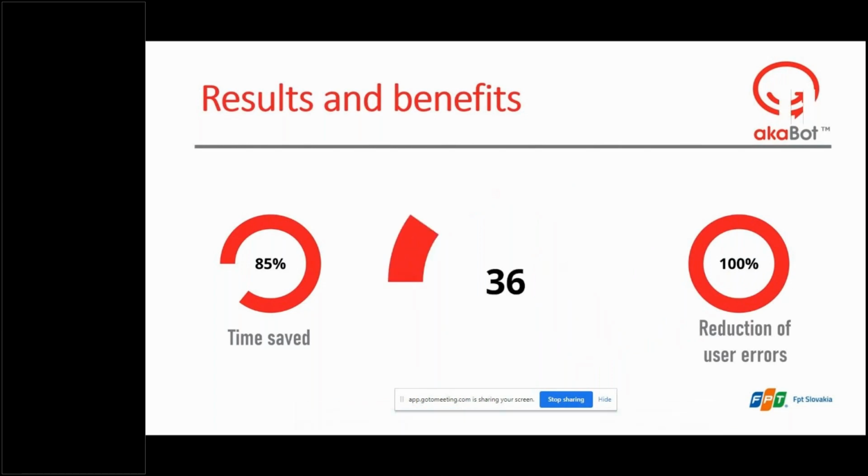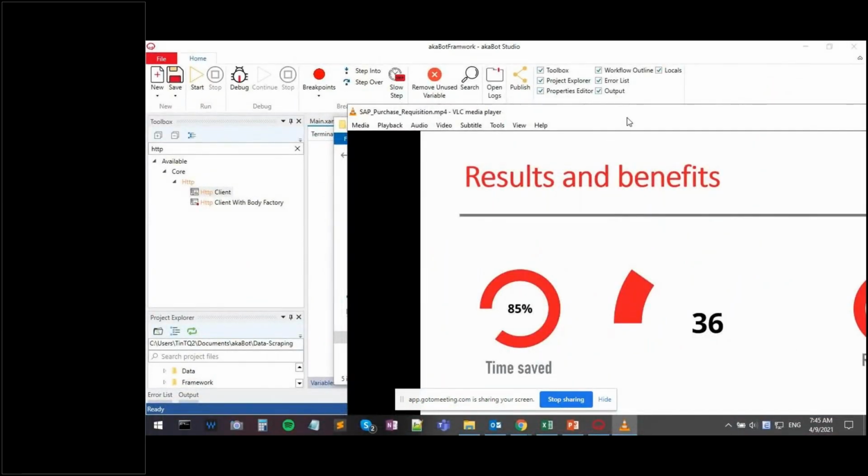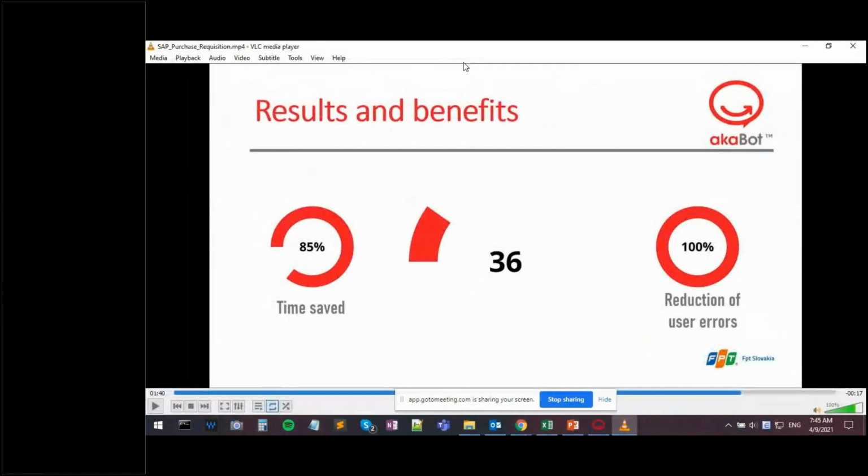So yeah, that's to show you the AI integration. So the concept is to consume API from AkaBot, calling API to the AI platform, and yeah, a video to showcase how we did it.